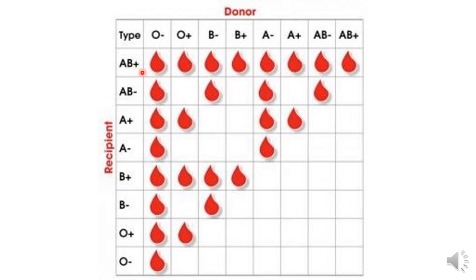The AB positive actually accepts blood from all the blood groups, but it doesn't give. Here it is. If it's donating, it cannot donate to any blood group except itself. Also, one more thing, the positive blood groups can only donate to the positive ones. However, the negative can donate to the positive and the negative.